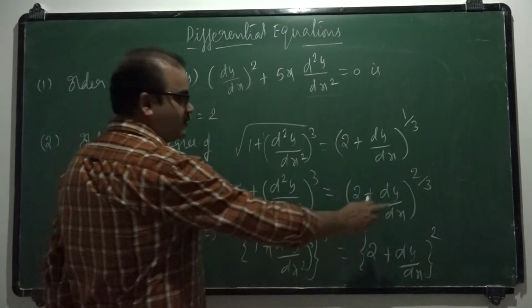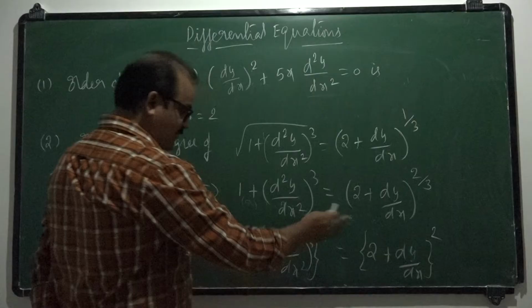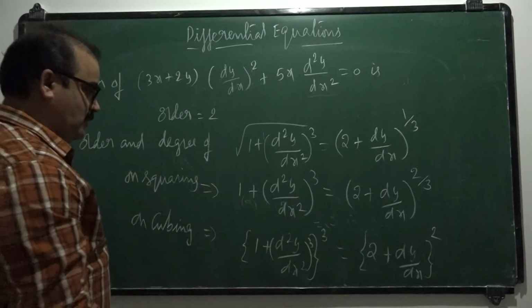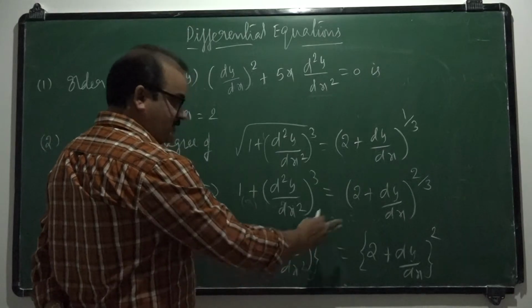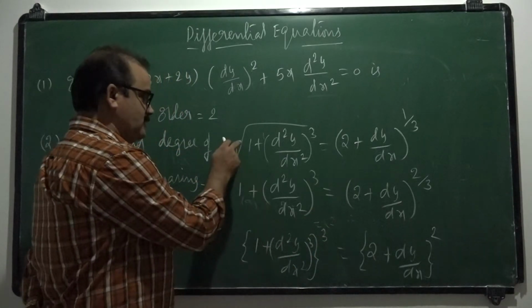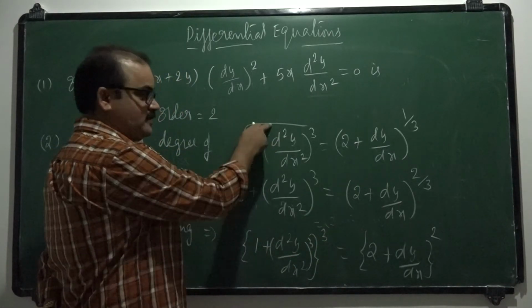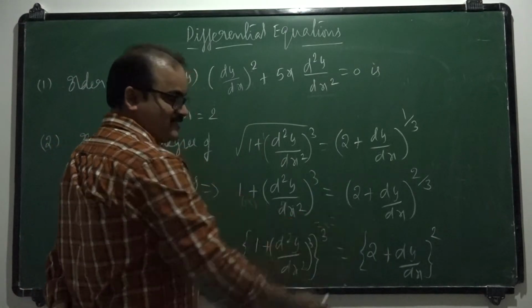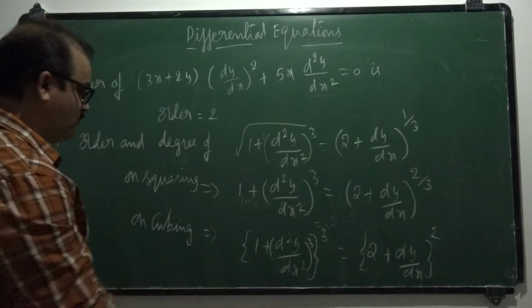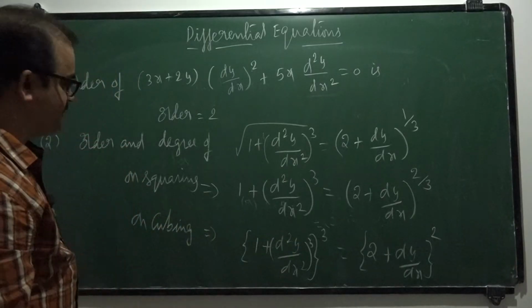To remove this cube root, cubing on both sides. Now you observe that in the power there is no fraction. In the given equation, in the power there is a fraction, but here there is no fraction in the power. Now we find order and degree.